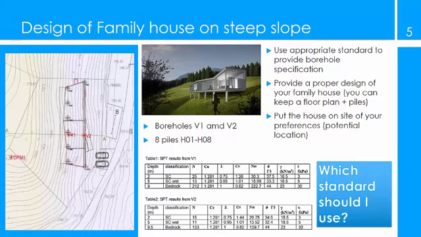The distance between pile 1 and 2, sorry, it's 20 meters. The distance between pile 1 and 2 is 20 meters.